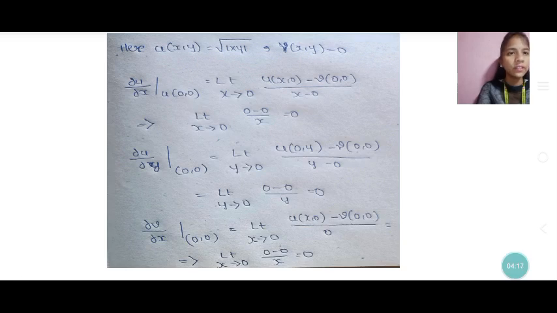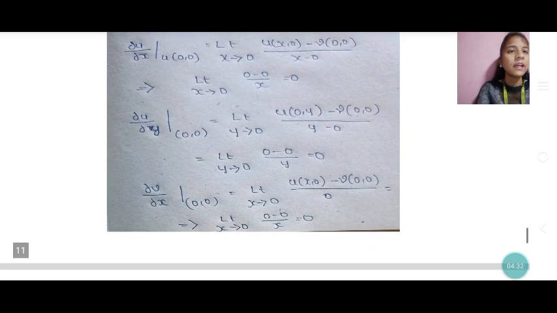∂u/∂y: let us consider the limit as y tends to 0 of [u(0,y) − u(0,0)]/(y − 0). Then ∂u/∂y is equal to 0.